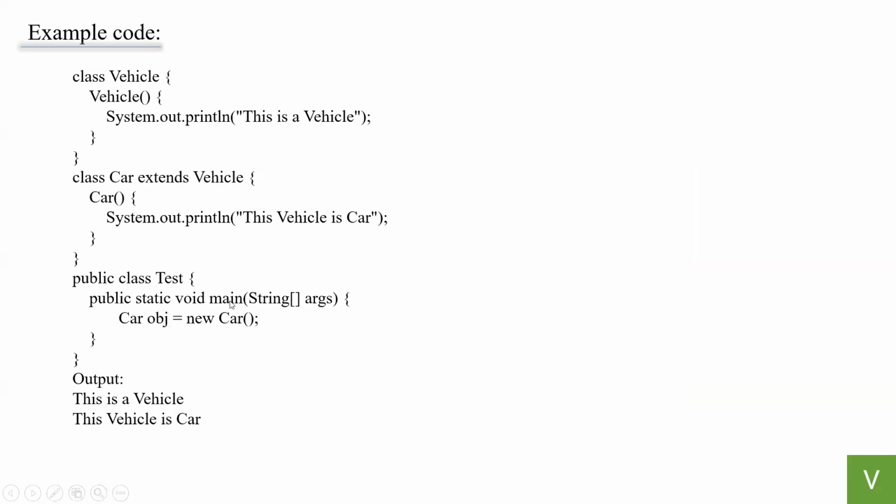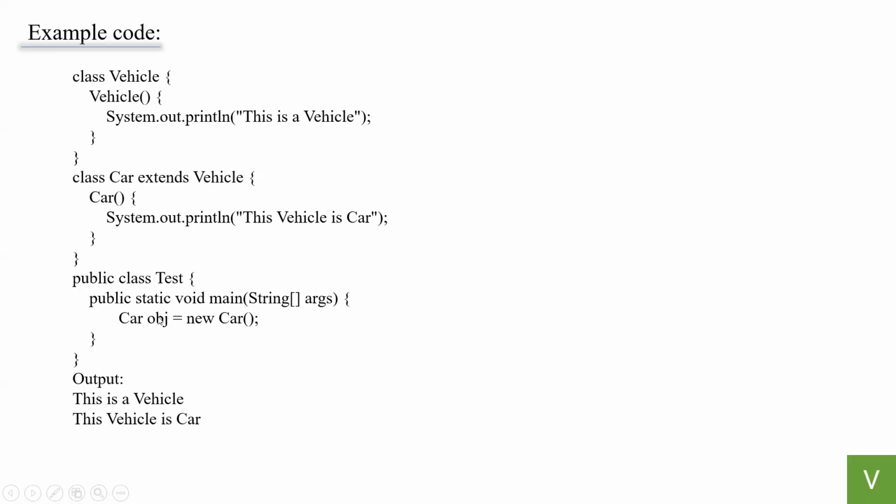As I said earlier, the execution starts from the main function, that is class Test. In Test, we created an object. Car object is equal to new Car. Here Car is the class name. Whenever the object is created, then only the memory is allocated.